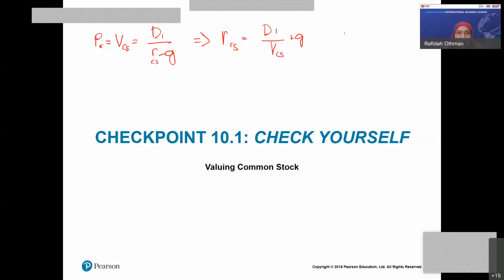So how are you going to find G? This is the market growth, the dividend growth, which is (D1 minus D0) over D0.